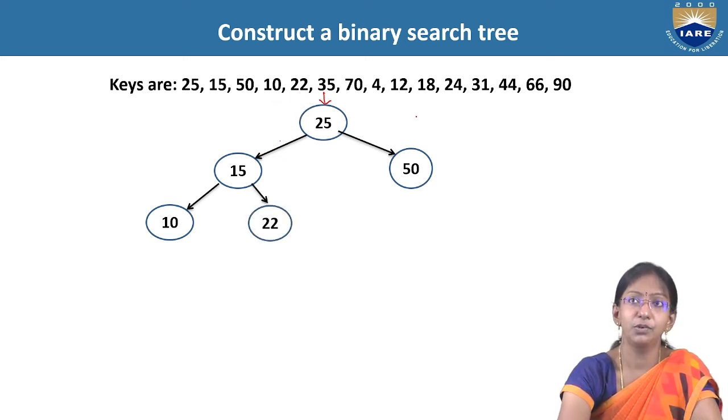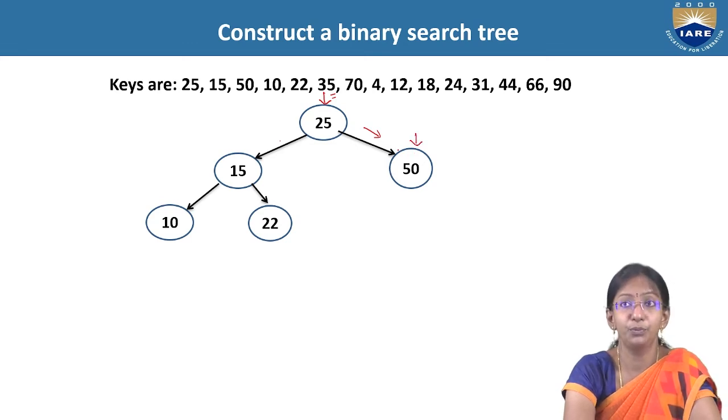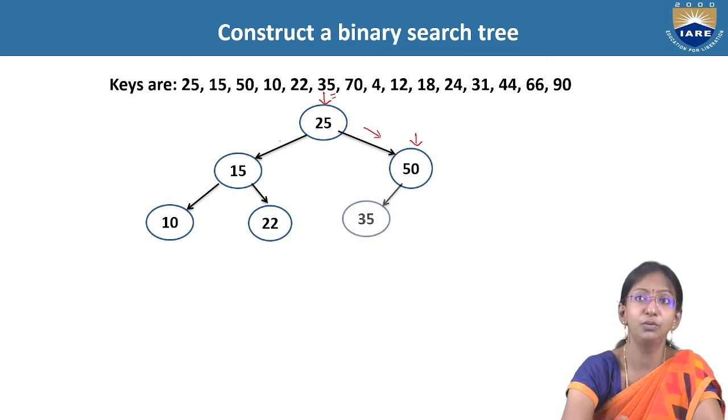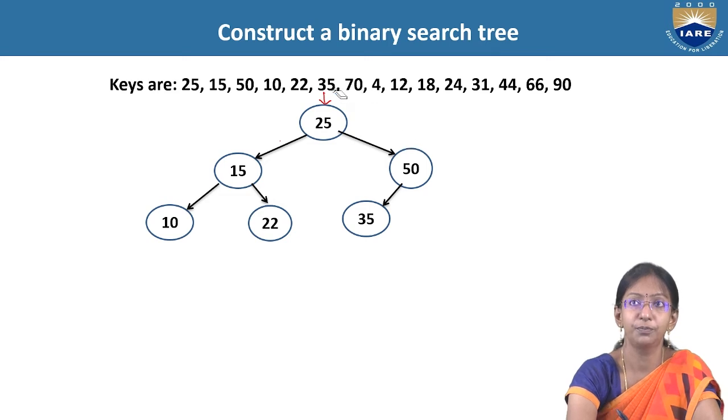Next element that comes into the picture is 35. Right? So coming to 35, as it is greater than 25, travel towards the right hand side. Compare it with 50. But when we compare, it is less than 50. So travel towards the left. But do you have any element in the left? No. So introduce 35 as the new left element of 50.